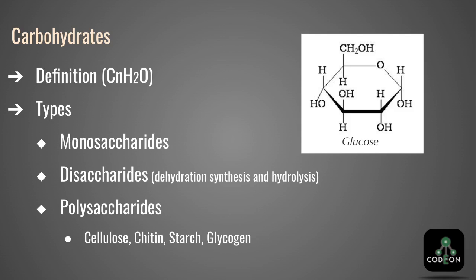And some quick examples, so two structural polysaccharides: in animals, this is chitin; in plants, this is cellulose. And then two examples of energy storage polysaccharides are starch, which is found in plants, and glycogen, which is found in animals. So these four are extremely important for your understanding, and you should definitely memorize them.